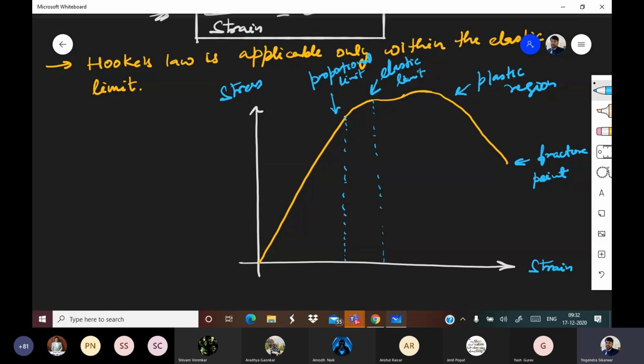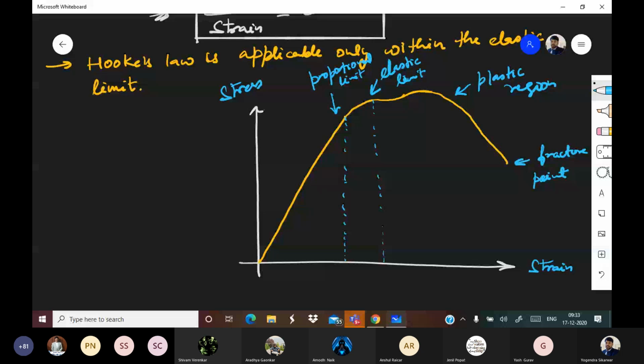So even if you cross the elastic limit and then remove the deforming force or the stress, the shape will not be regained by the object perfectly, and some deformation will be left in it. That's why that region is called the plastic region.